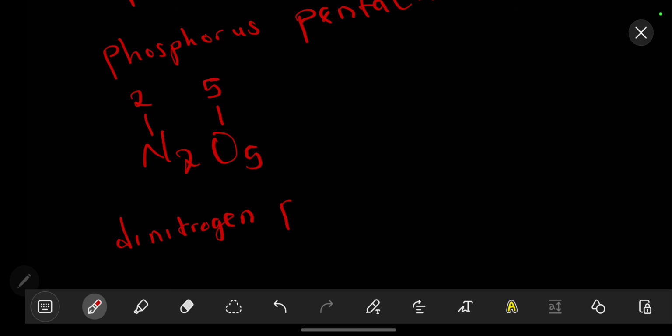Then we are going to say penta, since there are 5, pentoxide. So whenever the prefix ends with an a, but the next word begins with a vowel such as oxygen, we drop the a. So this one will be our dinitrogen pentoxide.